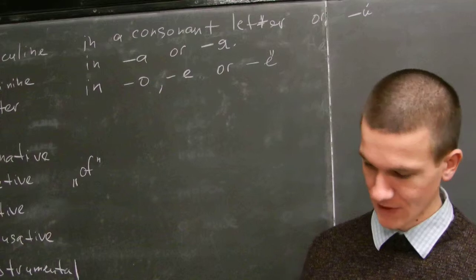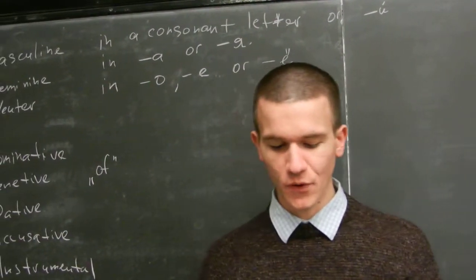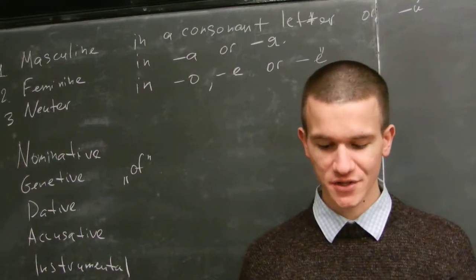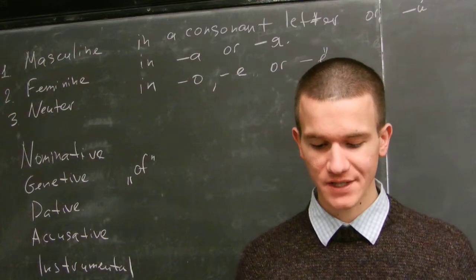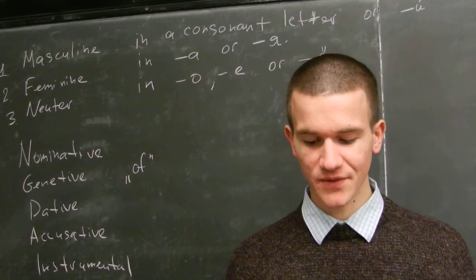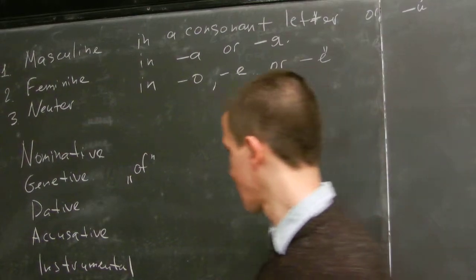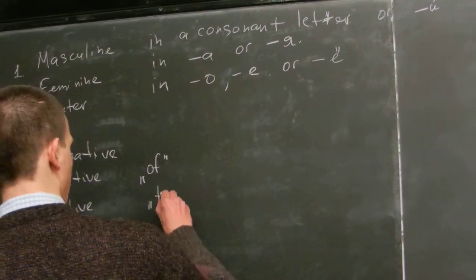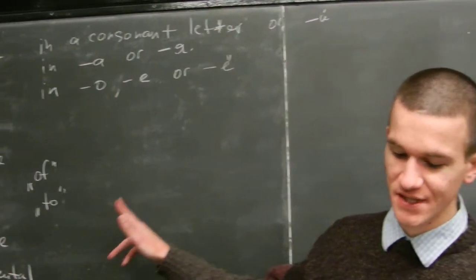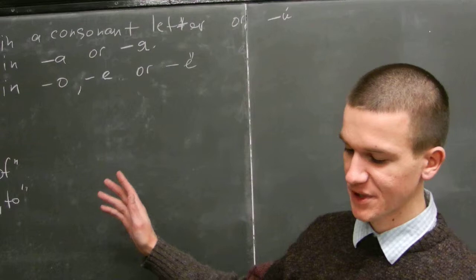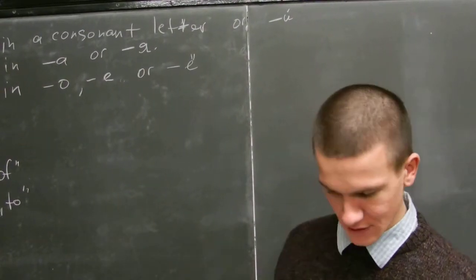So, dative case. Dative case is a set of word forms that are generally used to show the receiver of the action, like the English preposition to, in the phrase they are giving this book to Anne.